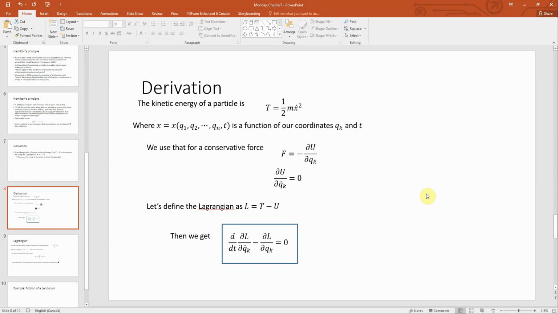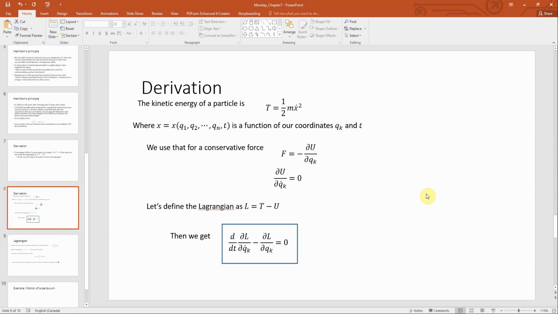So ∂U/∂q_k dot is equal to 0. In Cartesian coordinates, q1 would be x, so ∂U/∂x dot, or ∂U/∂v in the x direction, is equal to 0. So that's our conservative force.